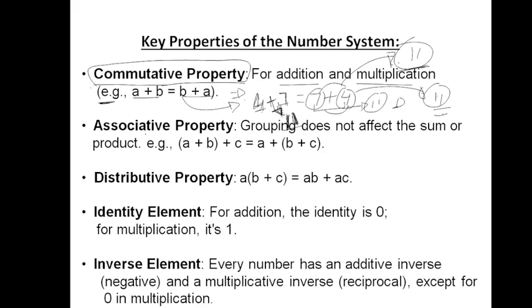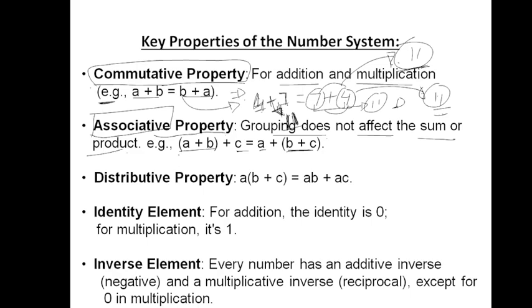Now we take another term, the associative property. As the word suggests, associate, it means grouping does not affect the sum or product. Here is the example: A plus B in brackets, plus C, equals A plus, B plus C in brackets.